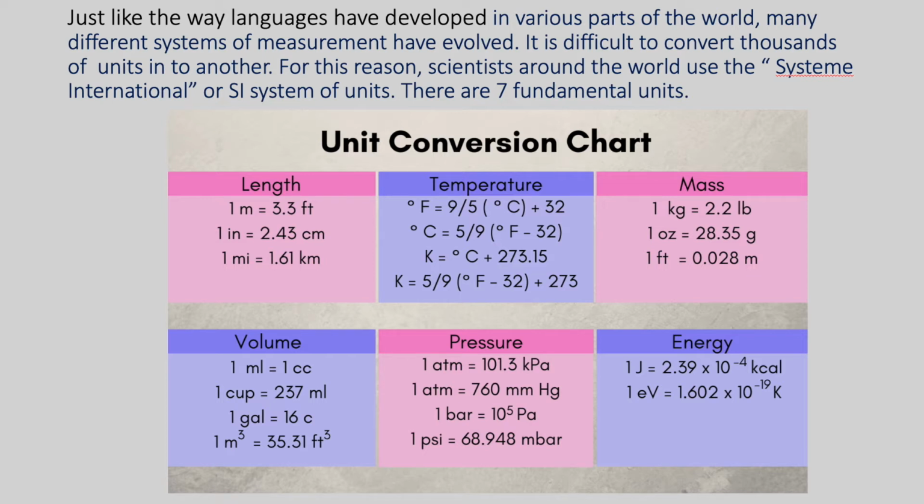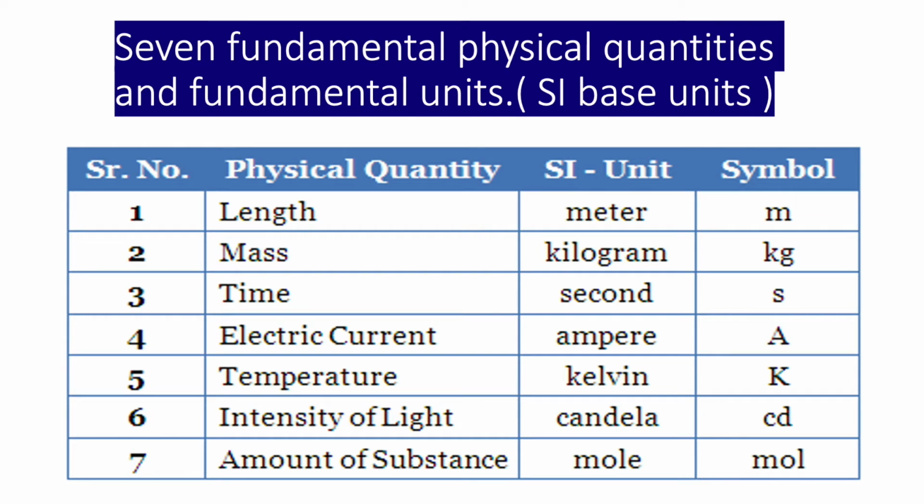For this reason, scientists around the world use the Système International or SI system of units. There are 7 fundamental units. Here you can see 7 fundamental physical quantities and their units. To measure very small length, we can use picometer, angstrom, nanometer or millimeter.